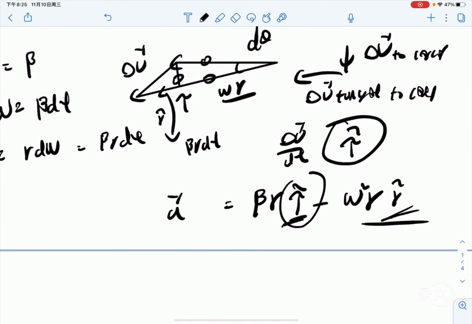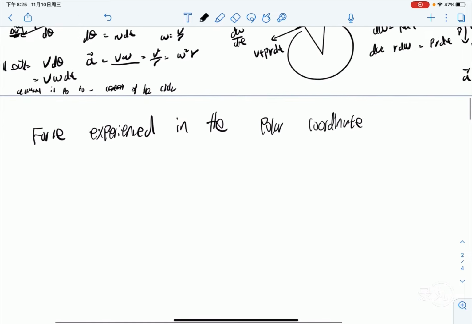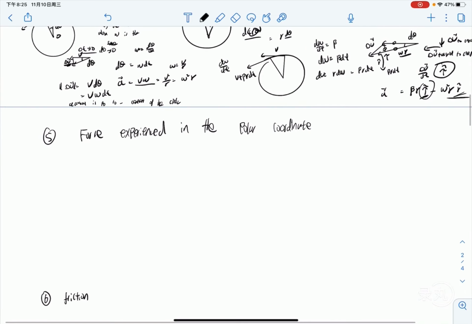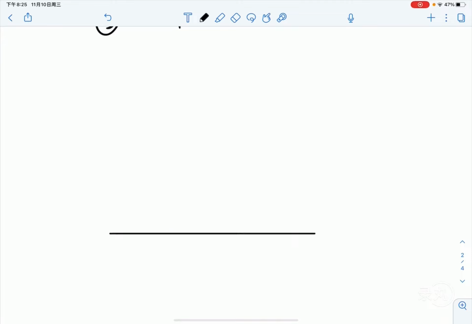Okay, moving on. We're going to talk about the force experienced in polar coordinates, and this one is quite exciting. This one is actually quite interesting. Okay, let me draw the graph here.